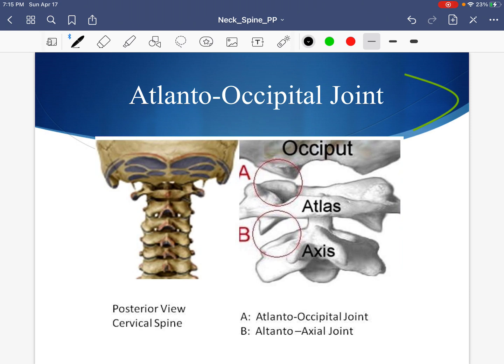Let's first talk about the atlanto-occipital joint. Like every other joint we've talked about, pretty much, the joint is named for the bones they connect. So atlanto-occipital, the joint between the occipital bone of the skull and the atlas.